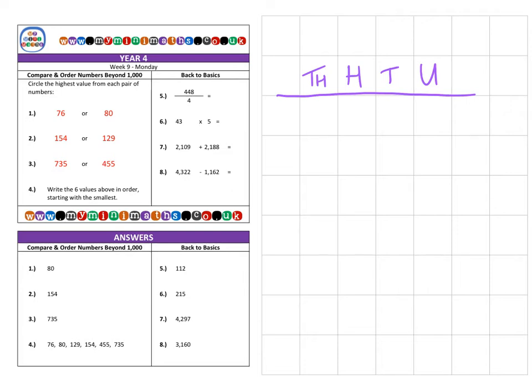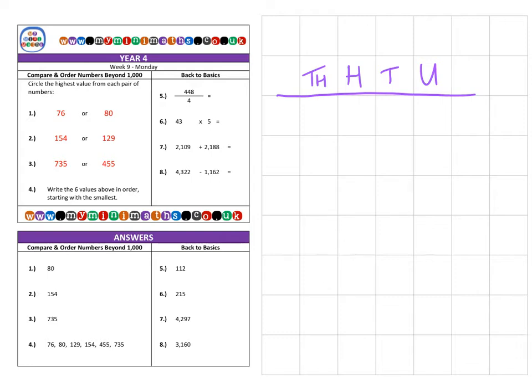which is comparing the value of 76 and 80. So if I place 76 and 80, and what we notice about our numbers is if we come from this side here, the units are smaller than tens, and if we come from this side here, our tens are bigger than our units.